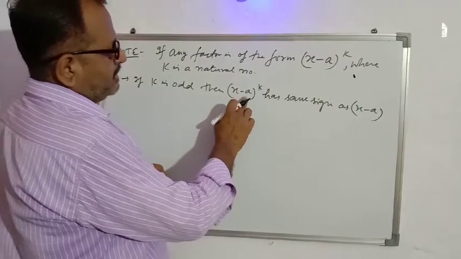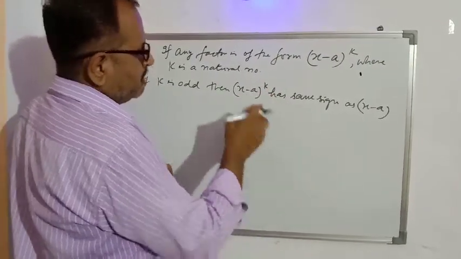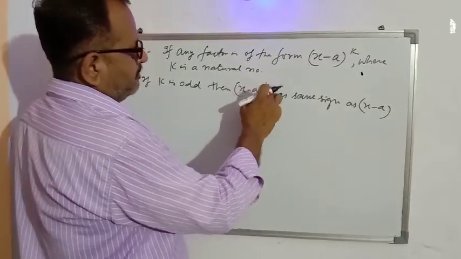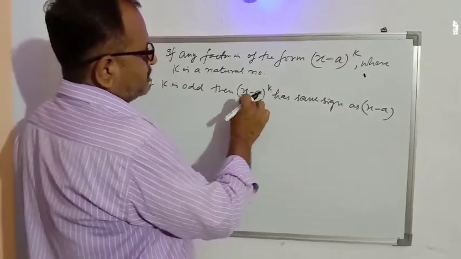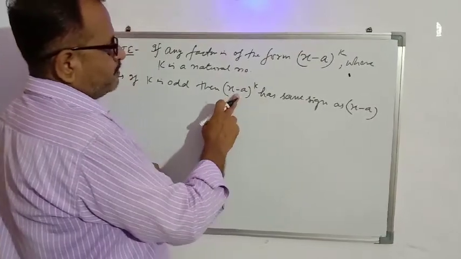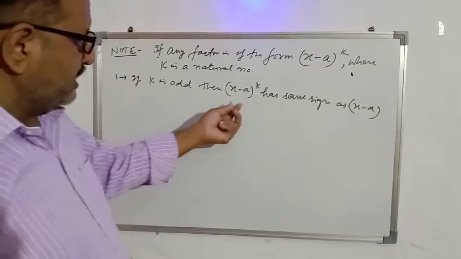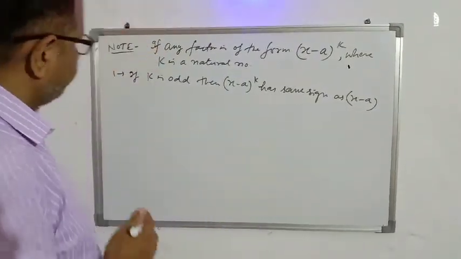Means if x minus a is positive, then x minus a to the power k will also be positive. If x minus a is negative and the power is an odd natural number, then x minus a to the power k will be negative. So if k is odd, then x minus a to the power k has the same sign as x minus a.